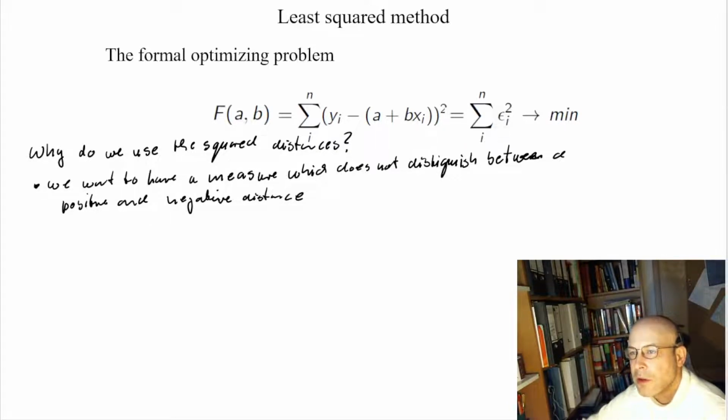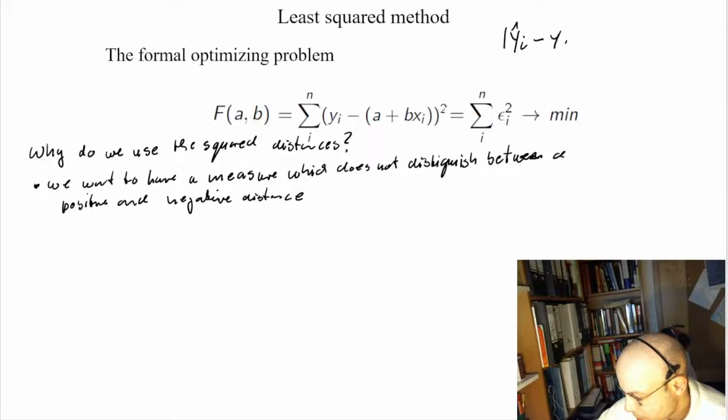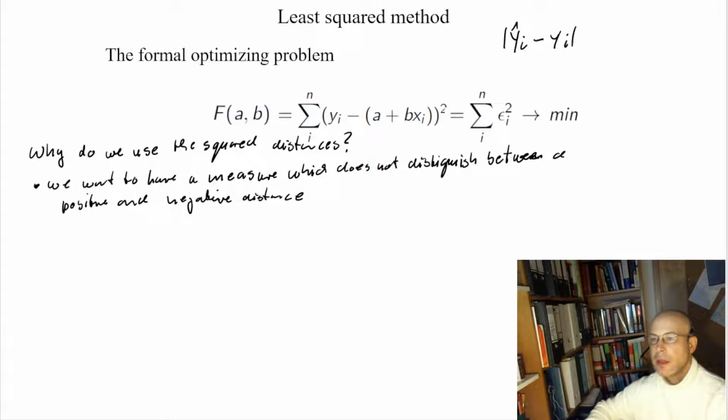But then the question is, we can get rid of this problem also if we just use the absolute value, |y hat i minus yi|. Then we would also get rid of this problem. Do you have any idea why we don't use this absolute value?